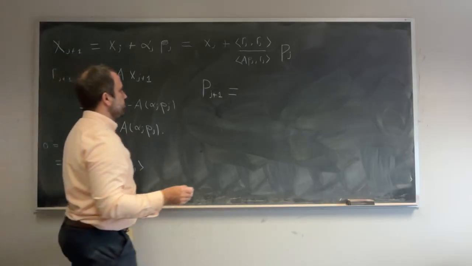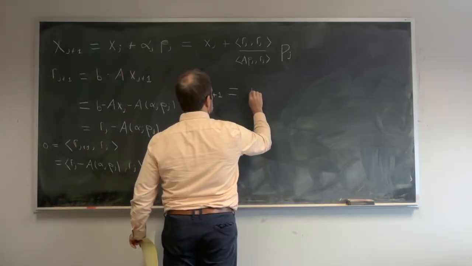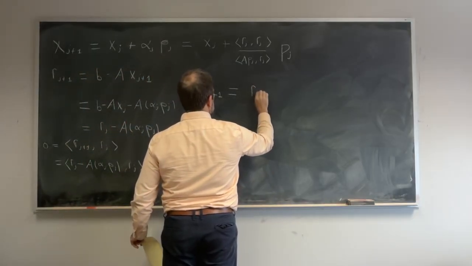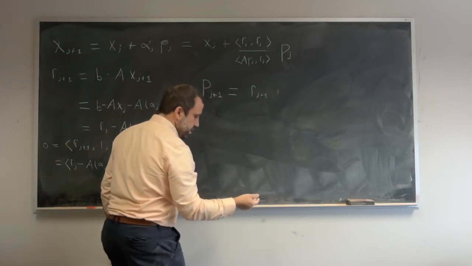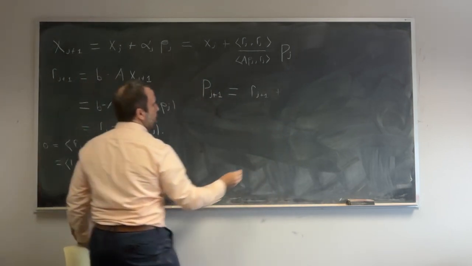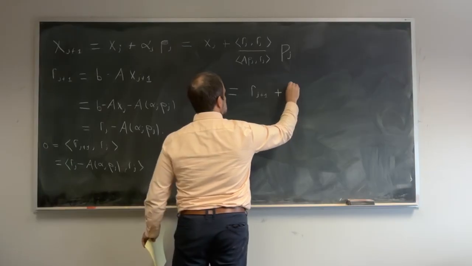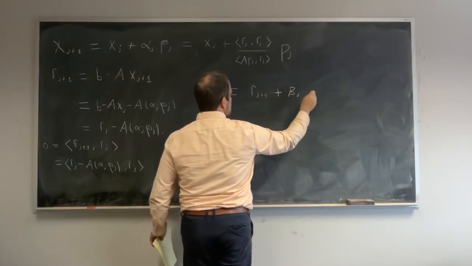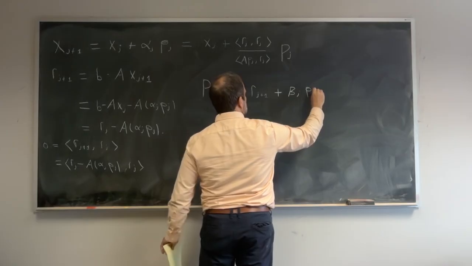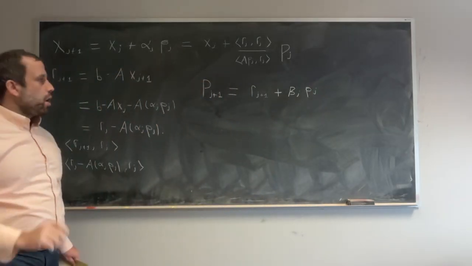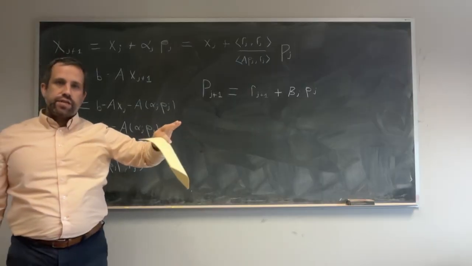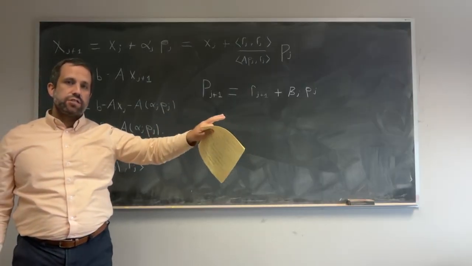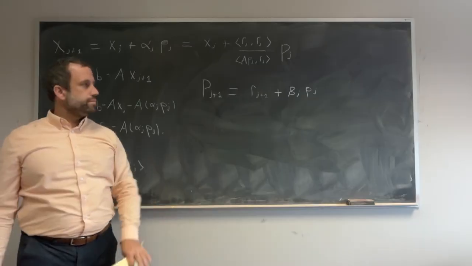So p_{j+1} is going to be equal to r_{j+1} plus some number beta_j times p_j. Now, I want to point something out. The alpha_j's and the beta_j's are not the same as the alpha_j's and the beta_j's from the T_m matrix from the D-Lanczos video.